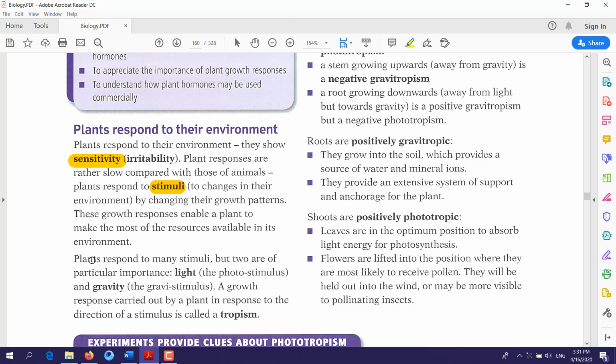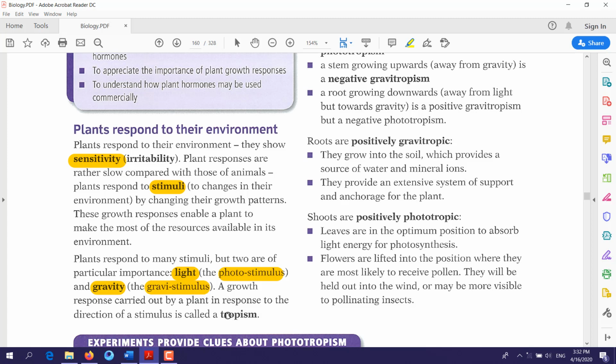Plants respond to many stimuli, but the main two are light and gravity. Light we call photostimulus, and gravity we call gravistimulus.